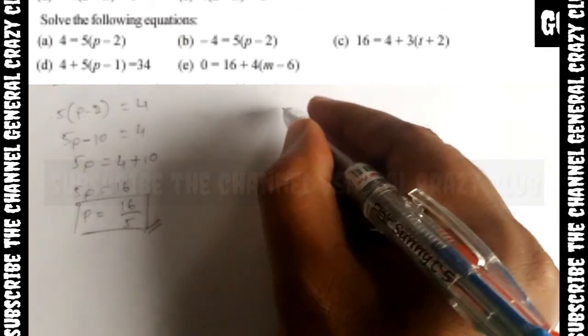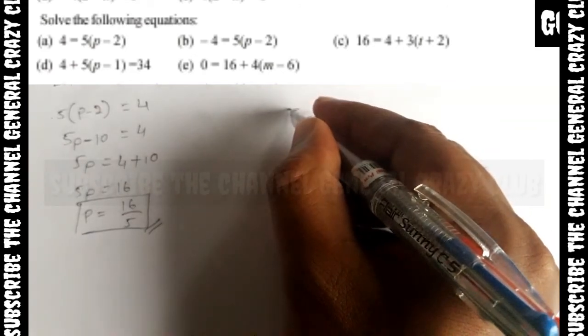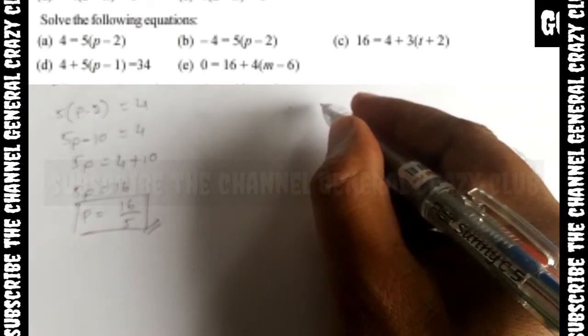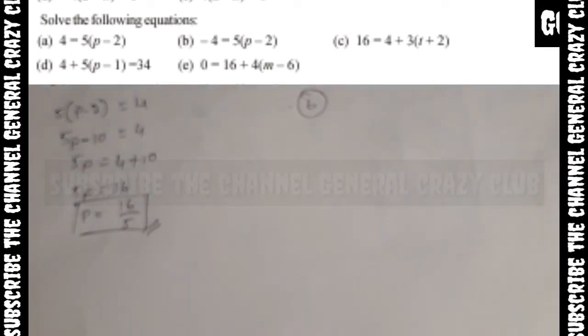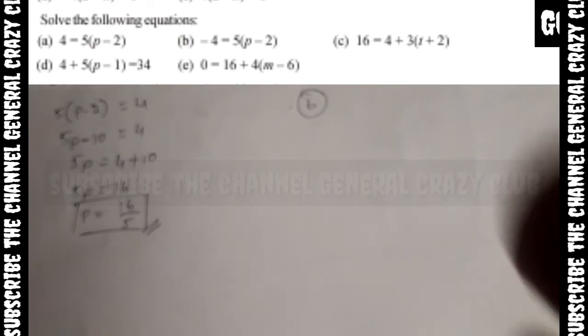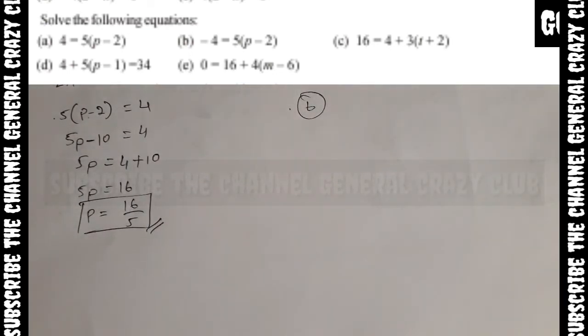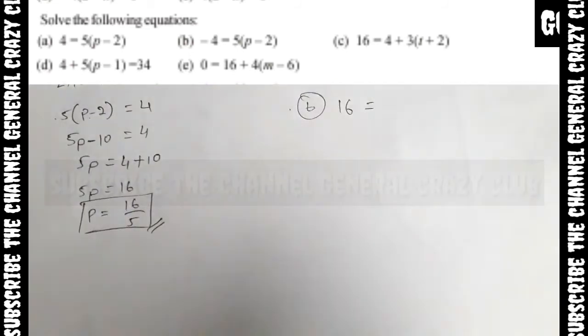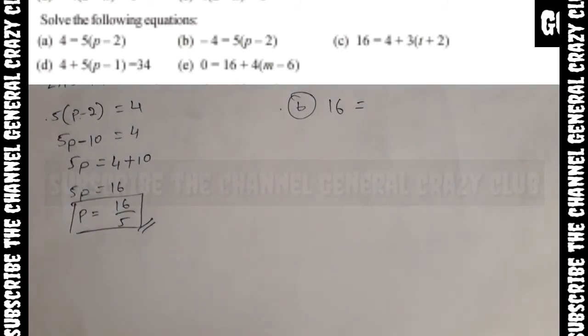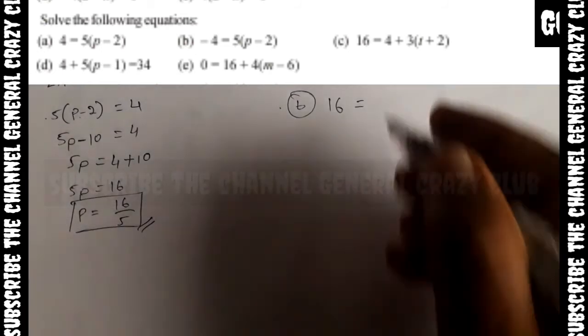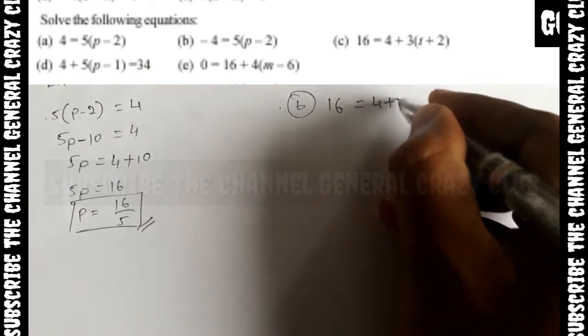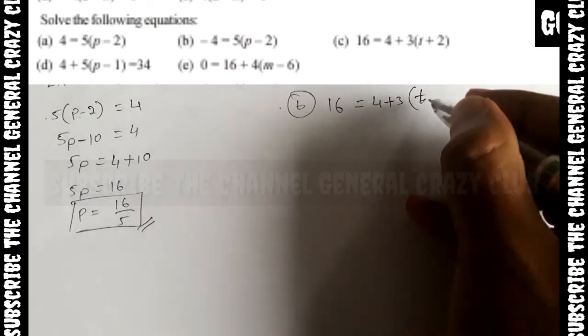That is B. In that B, 16 is equal to 4 plus 3 bracket t plus 2.